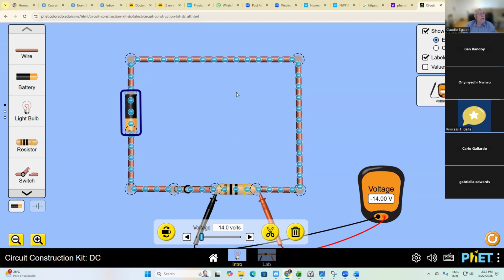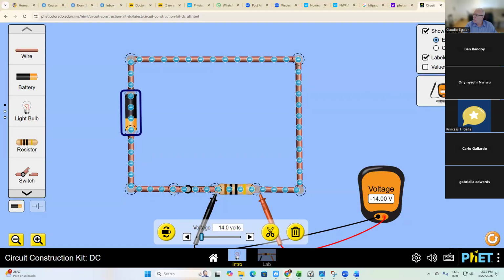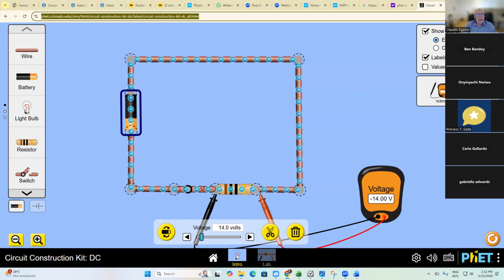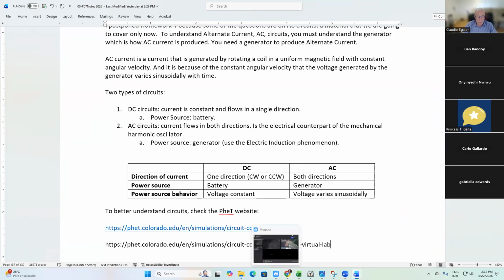So those are the two simulations that I want you to play with to understand better the course, to understand better the material. And now let's go back to the lecture, right? Here you go, that's the DC circuit.